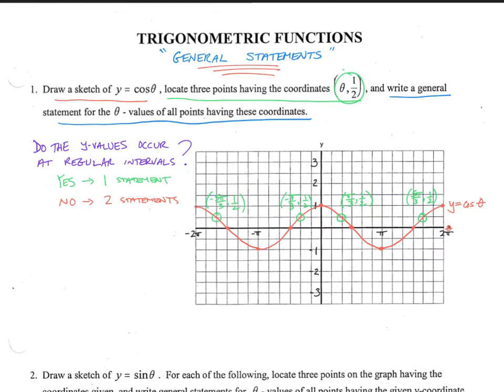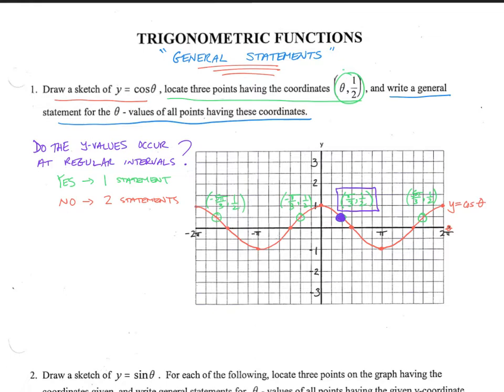So you start to then address, well, why two statements? Well, take a look at your curve right now. Let's say I was going to focus in on one of those values. And probably for us, one of the easiest ones, I'm going to focus in on this value at a half. So specifically, the coordinate of pi by 3, 0.5.